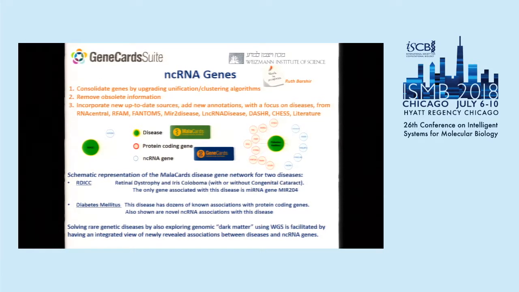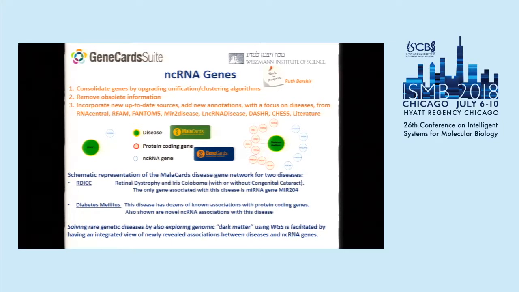enhancer disease associations. And the idea is to upgrade the knowledge base to include high-quality RNA gene information in the same way as we're including high-quality enhancer gene information, towards the goal of solving more cases. There are some diseases, like the RDICC disease, that only have an RNA gene associated with it.